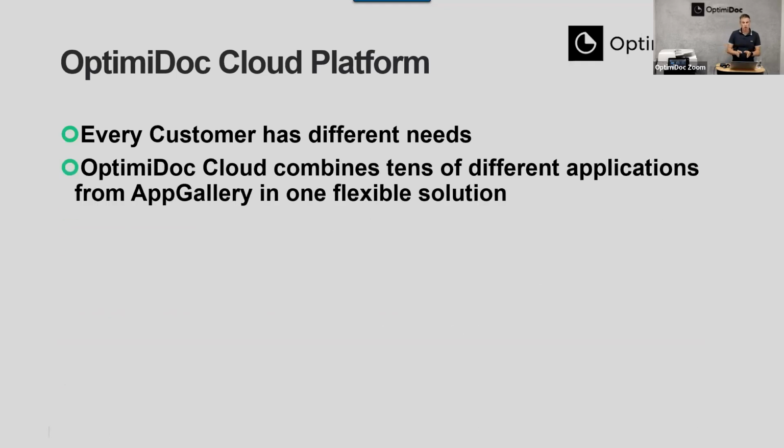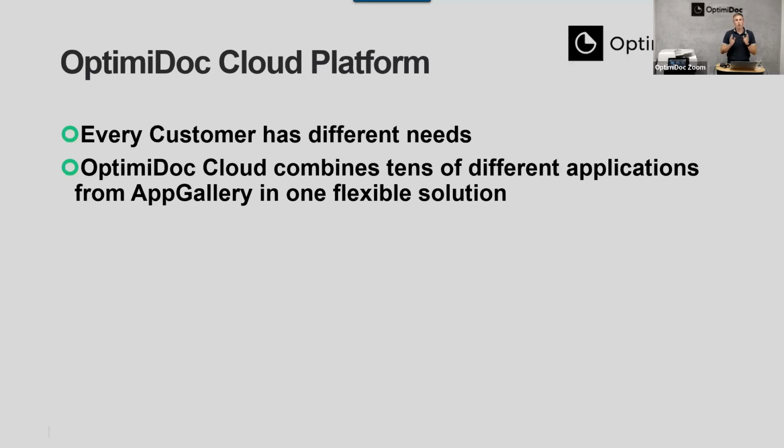The OptimiDoc Cloud is the solution which combines different applications and different functionalities in one flexible solution. It doesn't matter if the customer is asking for scanning or printing.